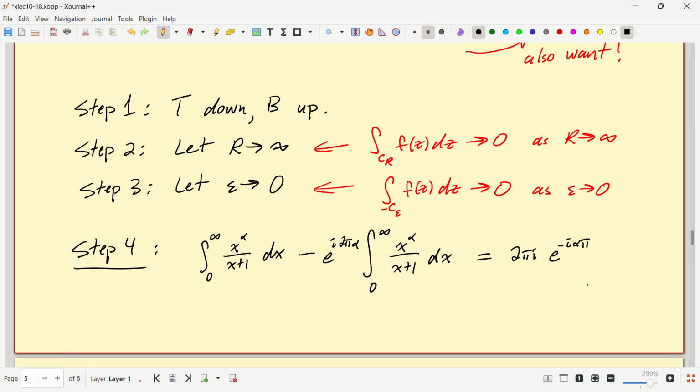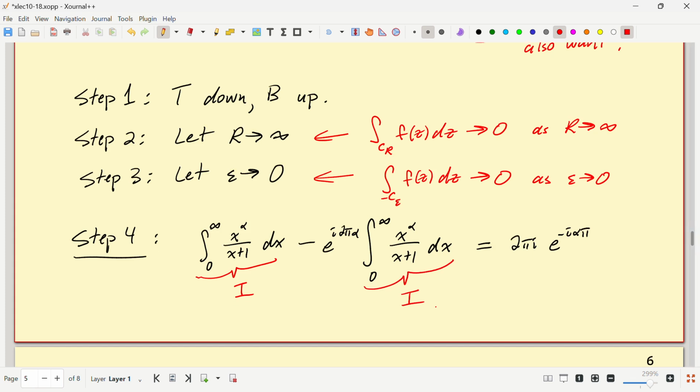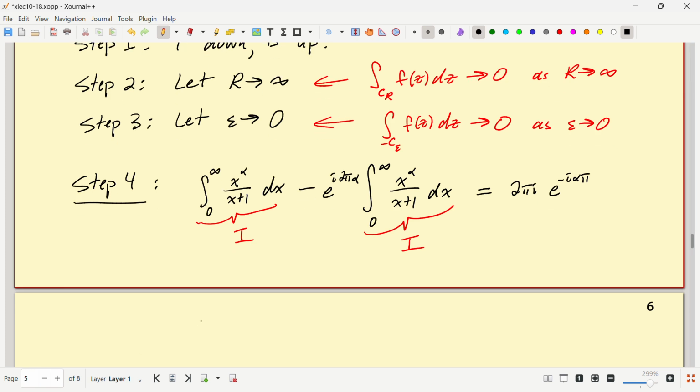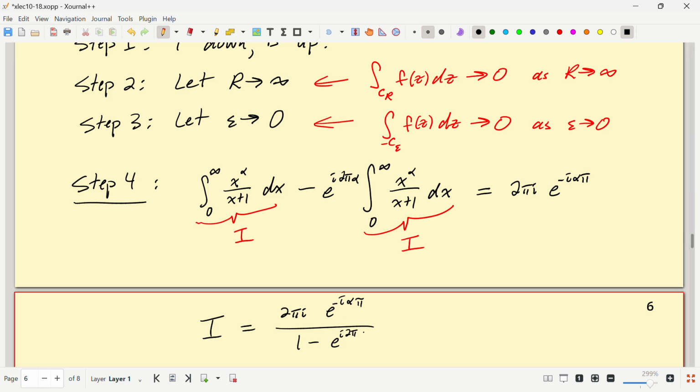Let's call this I. Yeah, I already called that I. So I can factor out the I, and I get the answer. I is equal to 2 pi i e to the minus i alpha pi over 1 minus e to the i 2 pi alpha.